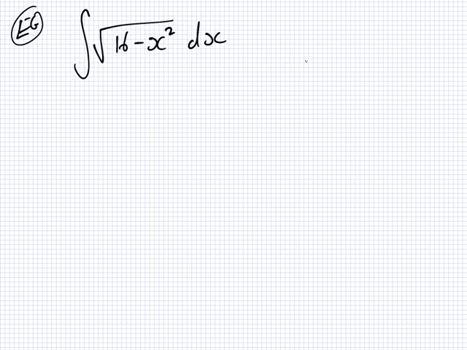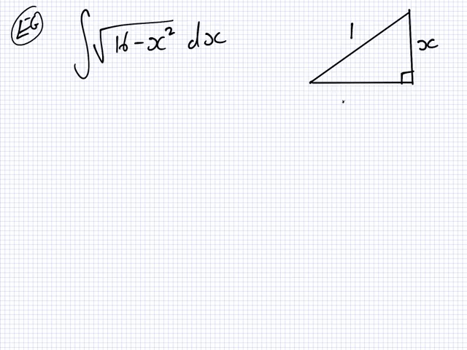So, we start off by just drawing a triangle here. If I remember correctly, what you do is you call this side x and this side 1.